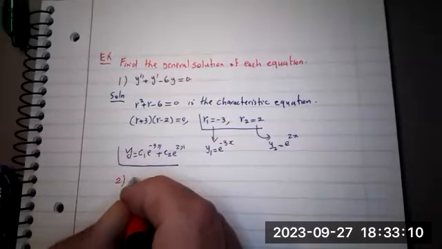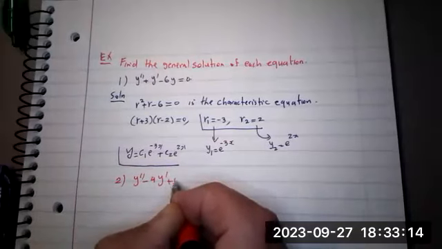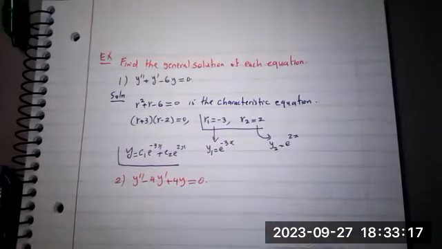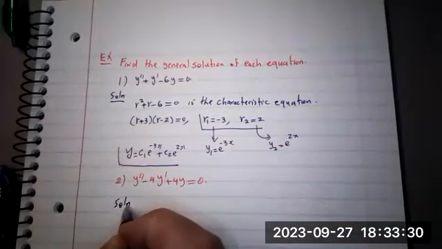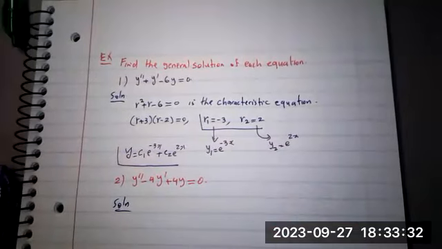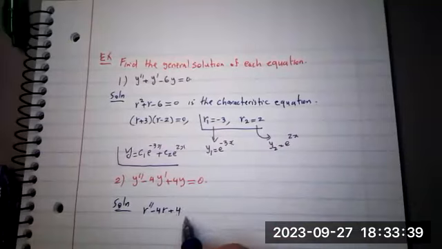Take this one: y double prime minus 4y prime plus 4y equal to 0. Again, as you can see, it is a differential equation of second order, constant coefficient. What's the characteristic equation for this one? r squared minus 4r plus 4 equal to 0.